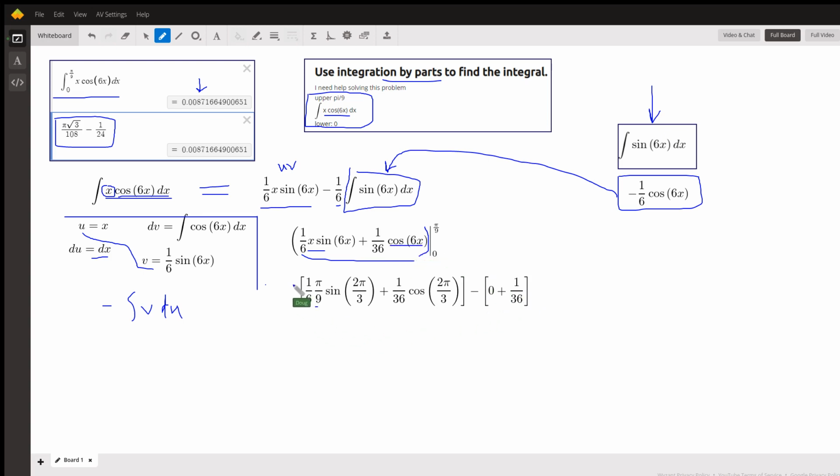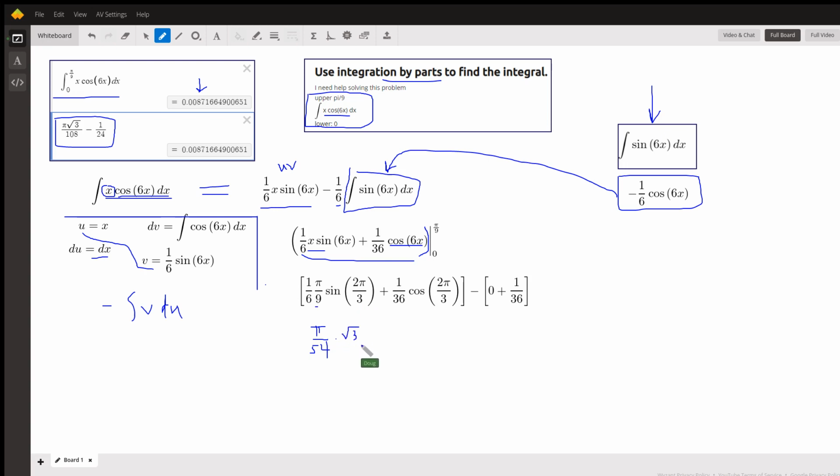So let's see if we get this. We got pi over 54 times, well, what's the sine of 2 pi over 3? That's like sine of 120, and that's radical 3 over 2.